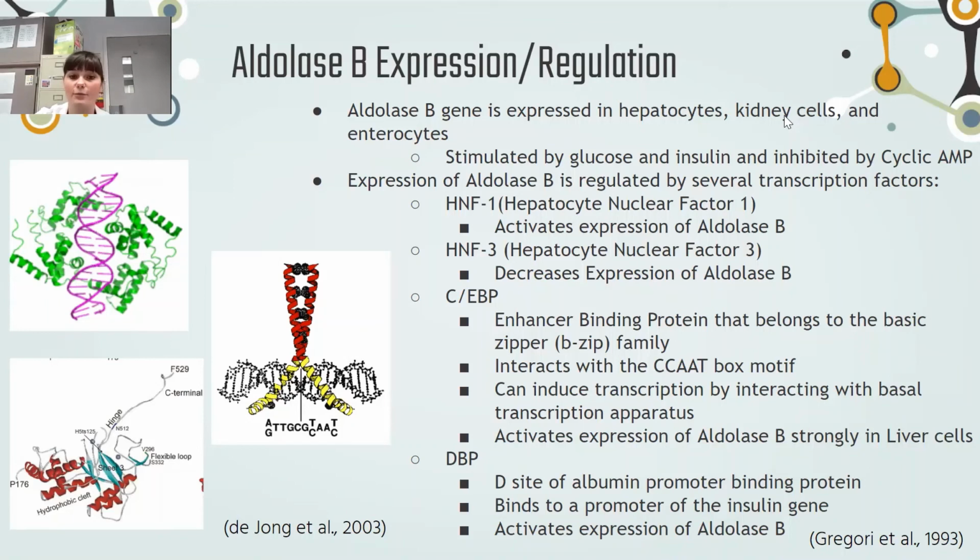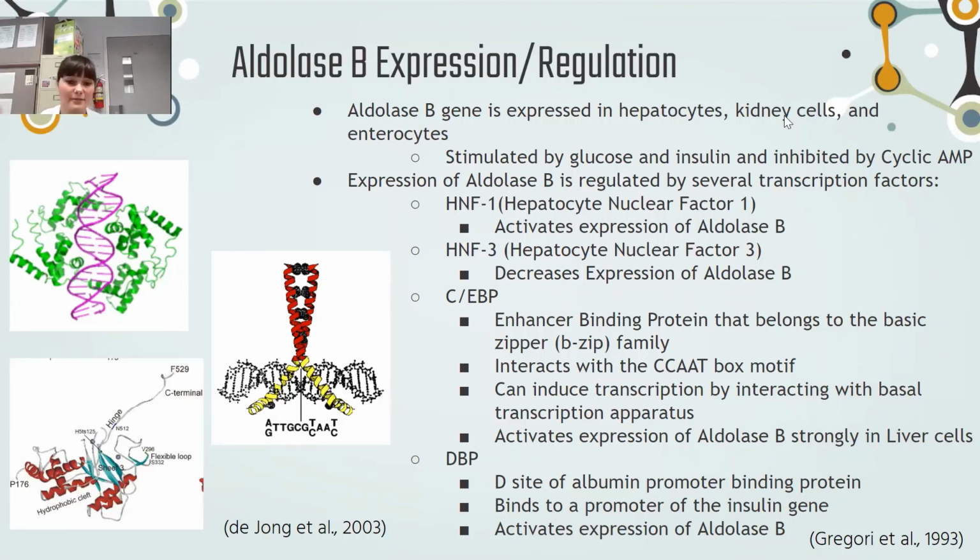We have HNF1, HNF3, CEBP, and DBP. So HNF1, hepatocyte nuclear factor 1, is going to activate the expression of aldolase B, whereas HNF3 is going to decrease the expression of aldolase B. CEBP is an enhancer binding protein that is part of the basic zipper, or B-zip, family of proteins, and that particular protein is going to interact with the CCAAT box motif, which will effectively induce transcription.